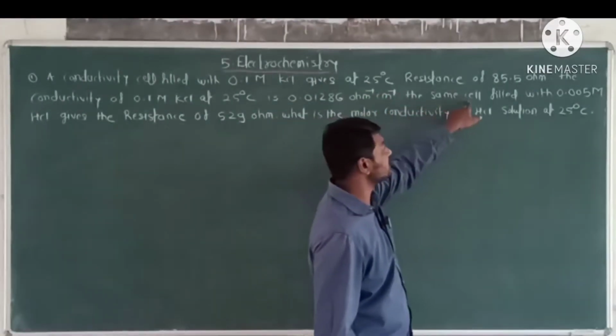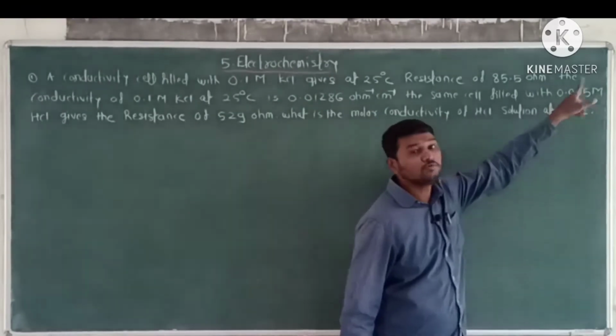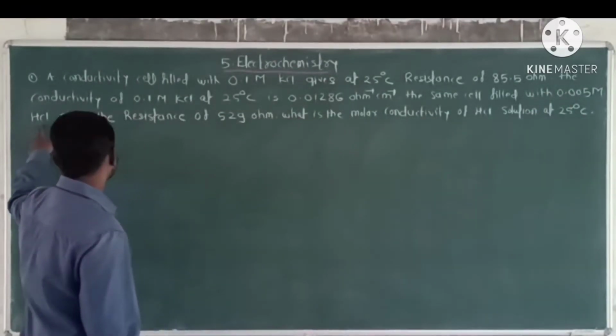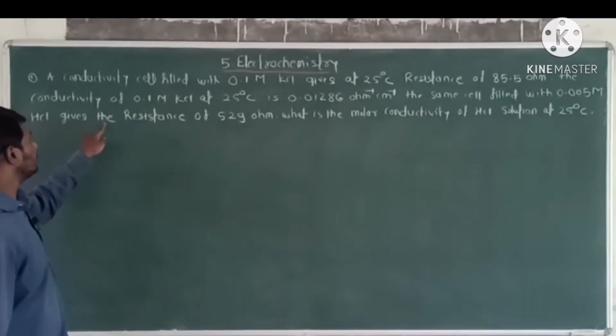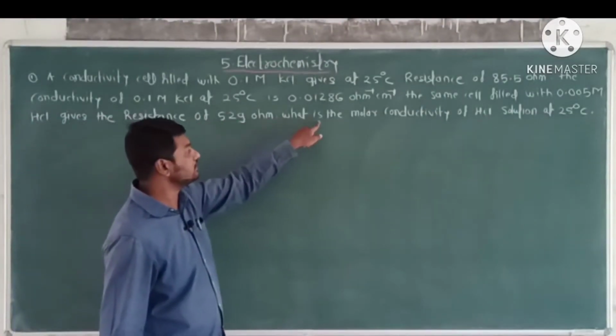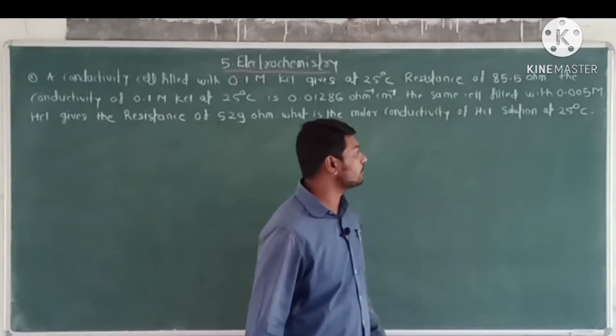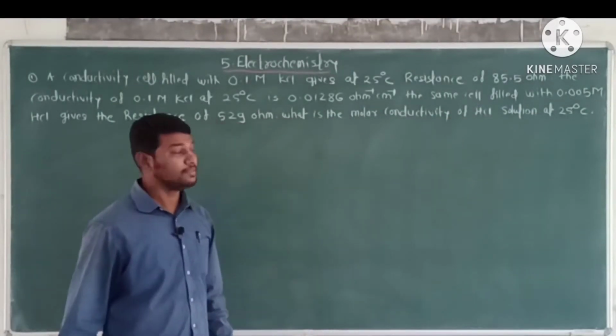The same cell filled with 0.005 molar HCl gives a resistance of 529 ohm. What is the molar conductivity of the HCl solution at 25 degrees Celsius? Okay, this is the numerical.